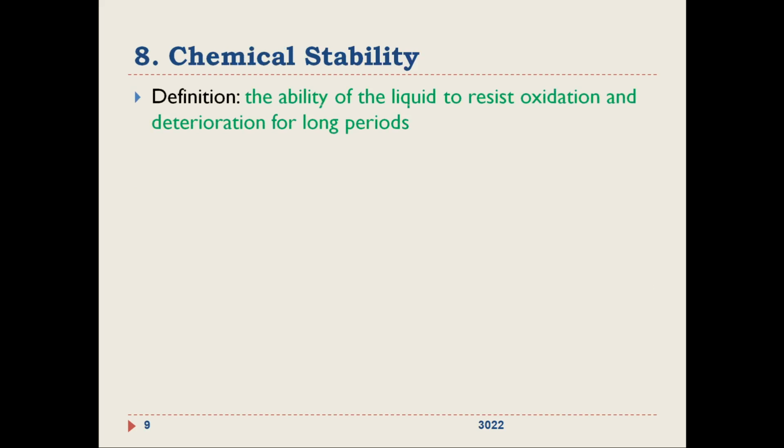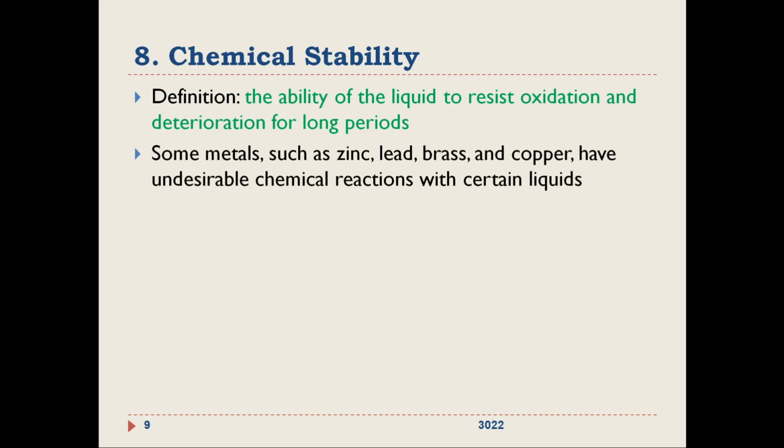Chemical stability. This is the definition of chemical stability: the ability of the liquid to resist oxidation and deterioration for long periods. A good hydraulic oil should not be oxidized too quickly or deteriorate too quickly.